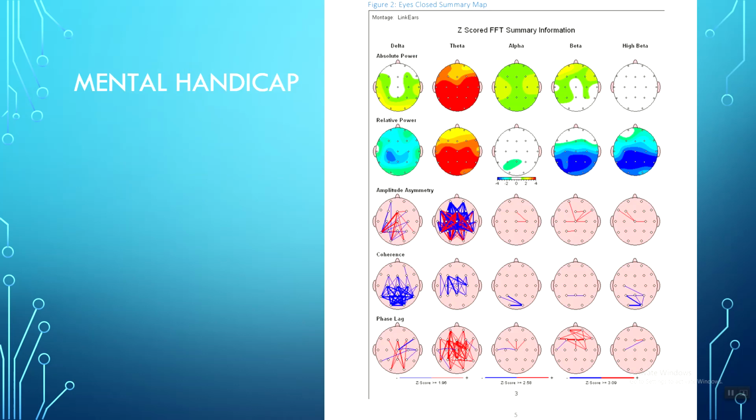This is an individual that is showing excessive high amplitude theta, as we can see. And this is a good map to explain relative power for a moment. This is a 50-something-year-old man who has the IQ of about a 5 or a 6-year-old.